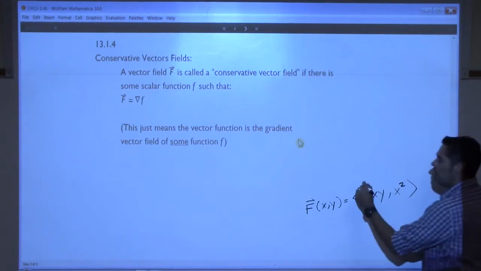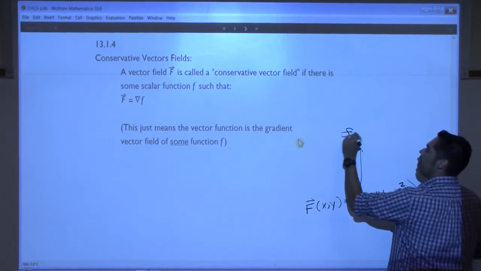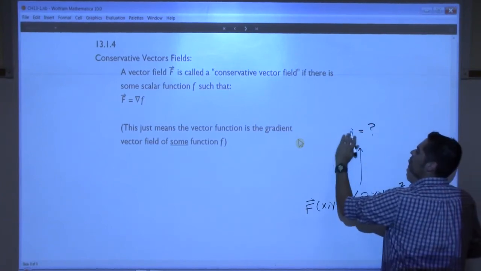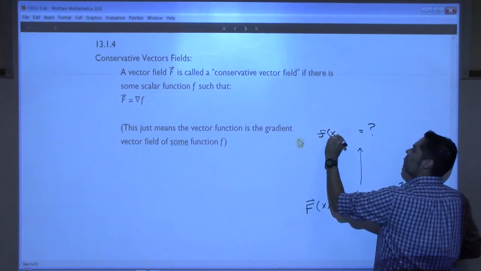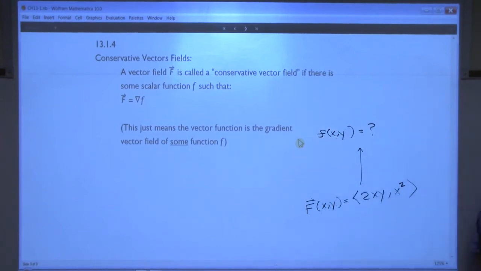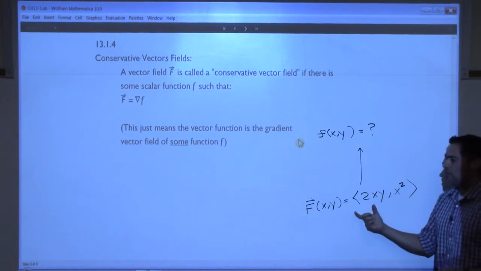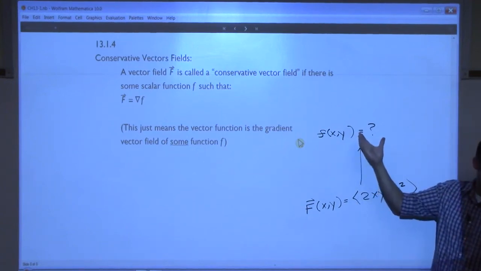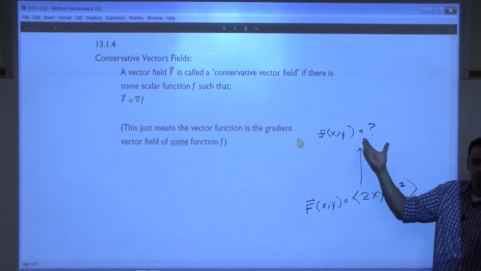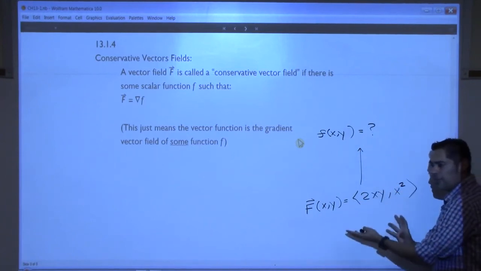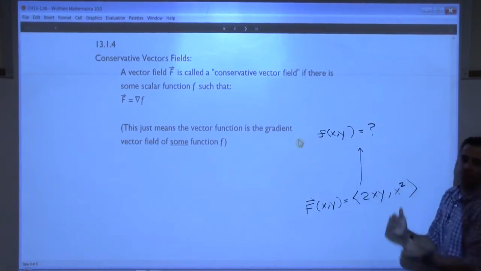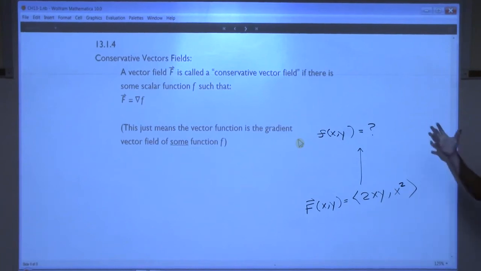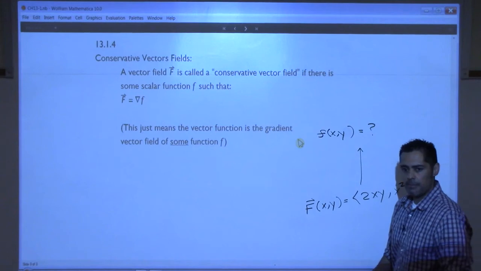You'd have to somehow go backwards up to f, and tell me what that function of two variables is. And it turns out that not every vector field comes from a scalar function. Not every one of them does. Only a certain category of vector fields come from the gradient of a scalar function, so they have a special name. They're called conservative vector fields.